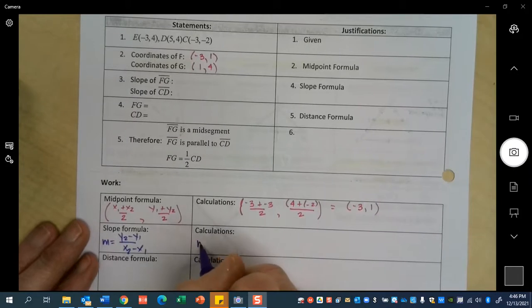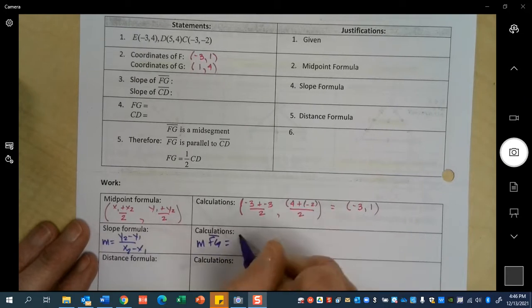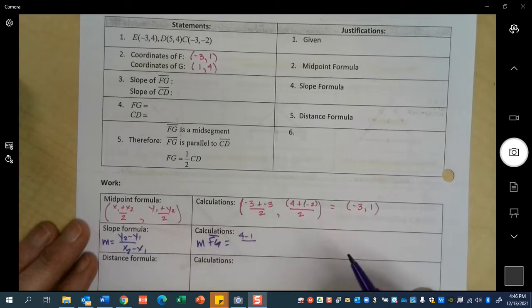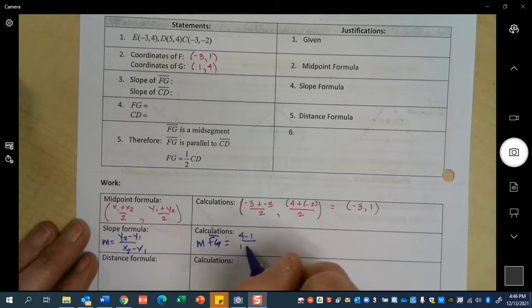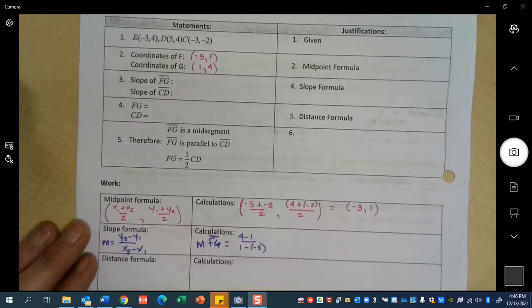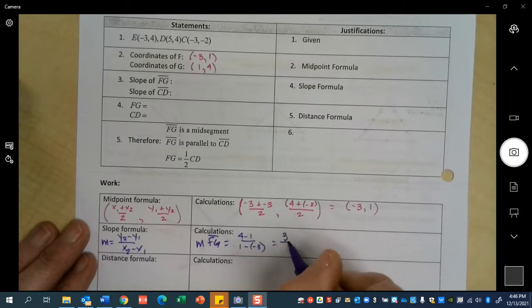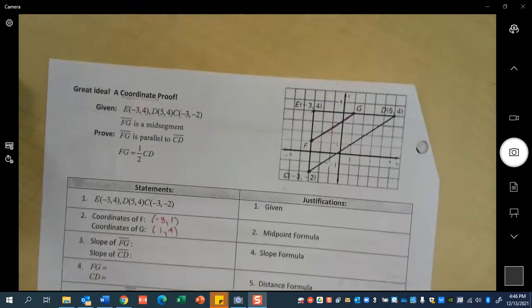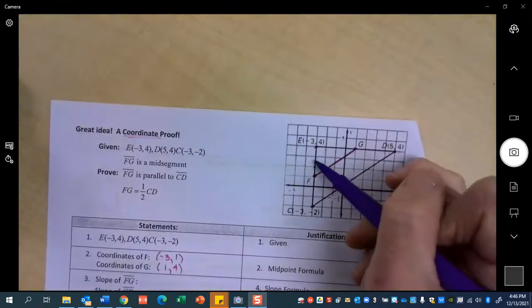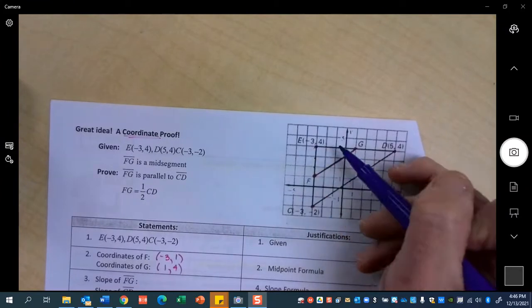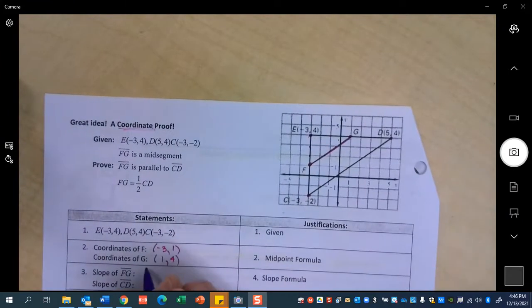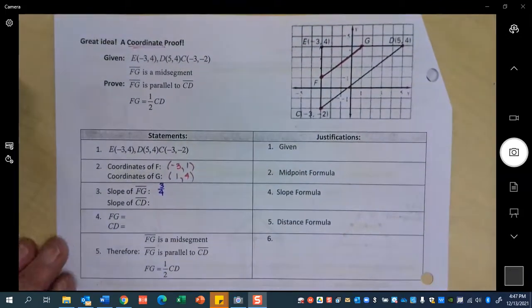So my slope of segment FG is going to be equal to the difference between my y's compared to the difference of my x's. So I wind up with positive 3 over positive 4. And I can verify that. Do I rise 1, 2, 3 and run 1, 2, 3, 4? Yep. That sounds about right. So my slope of FG is going to be 3/4.